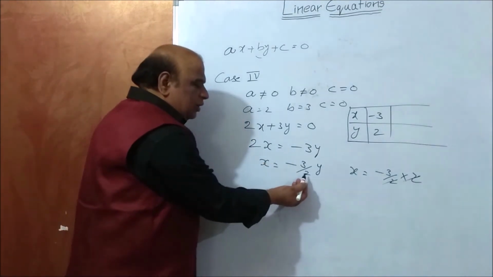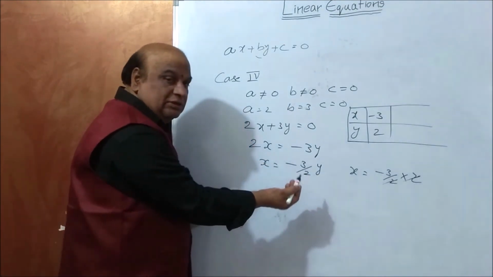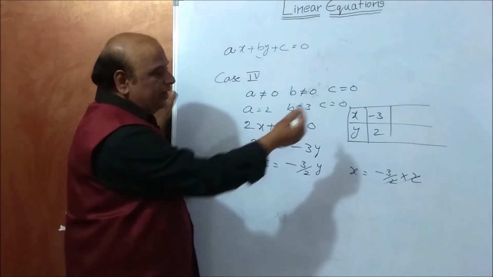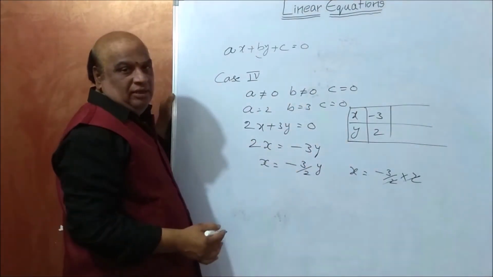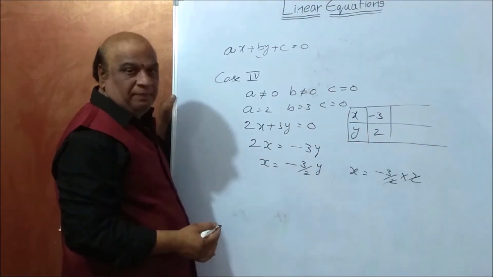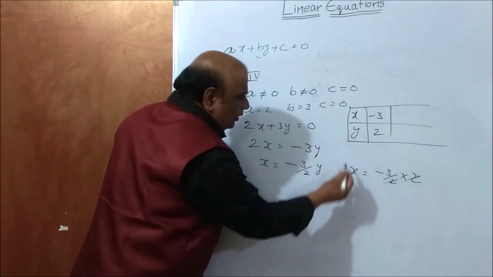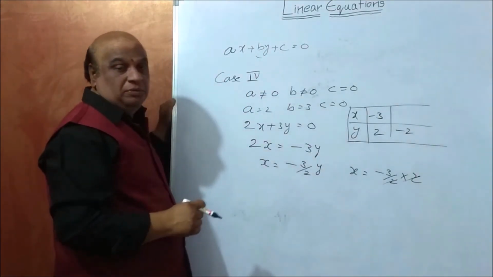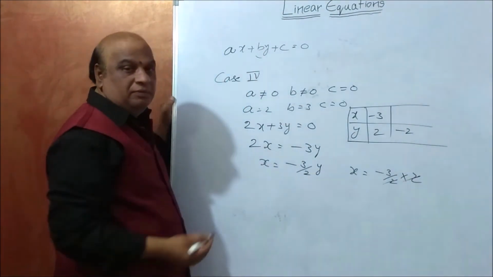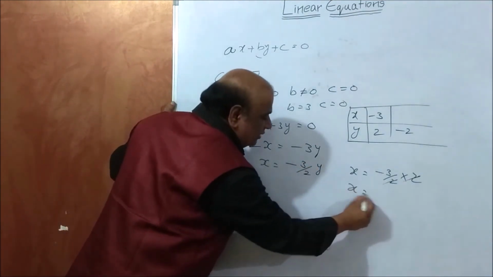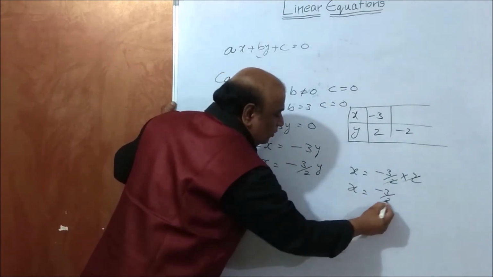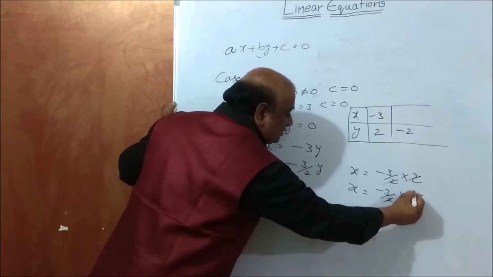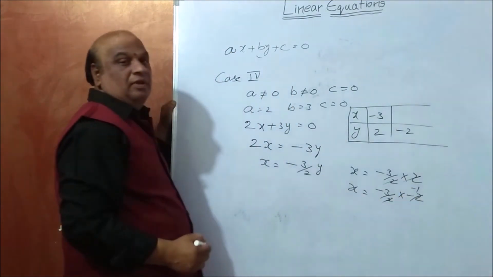Here actually you should take the y values as multiples of 2, then we can get all integers for x. One more value, you take y value minus 2. What is the x value now? Substitute again, minus 3 by 2 into minus 2. The 2 cancels. Here this is minus 1. Remember this.